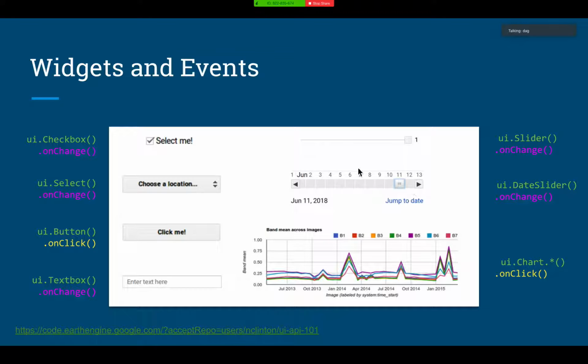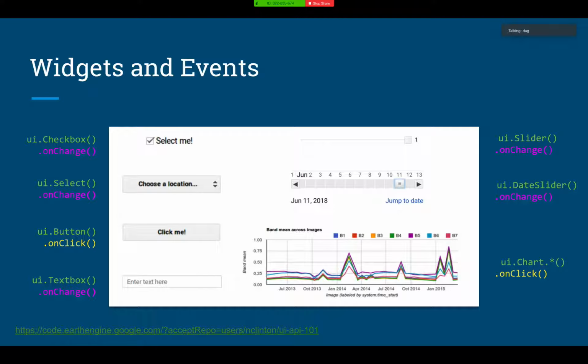So here are some more examples of the kind of selector objects, buttons, and charts you can put on the app. Each of these objects emits events. When we talked yesterday about the ways we could use functions, and functions can work in this callback mode where this function will run when some other event happens.